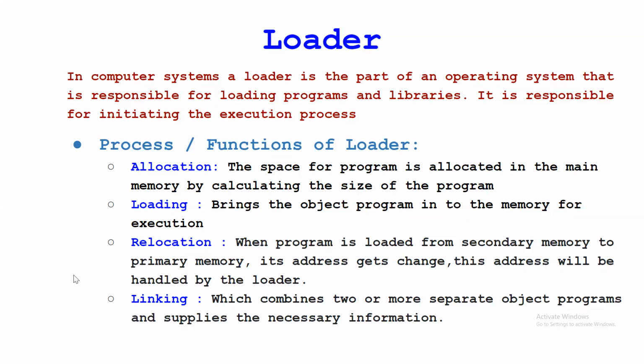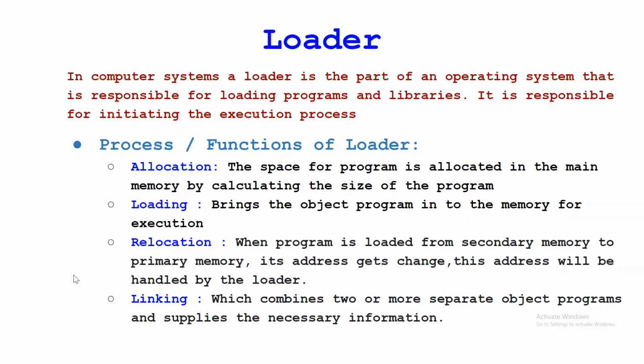Memory means primary memory. Relocation: when a program is loaded from secondary memory to the primary memory, its address gets changed. This address will be handled by the loader. And linking, as we already know, combines two or more separate object programs and supplies the necessary information. So these are the four functions of the loader: allocation, loading, relocation, and linking.